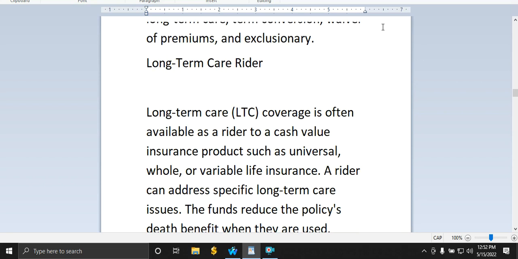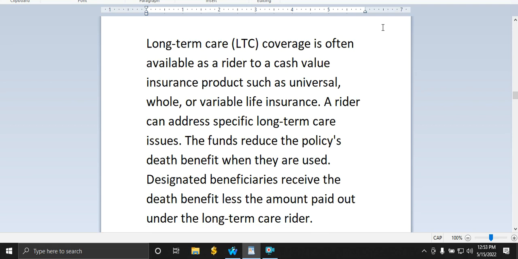Coverage is often available as a rider to cash value insurance products such as universal or whole life insurance. A rider can address specific long-term care issues. The funds used reduce the policy's death benefit, so the beneficiaries receive the death benefit less the amount paid out under the long-term care rider.